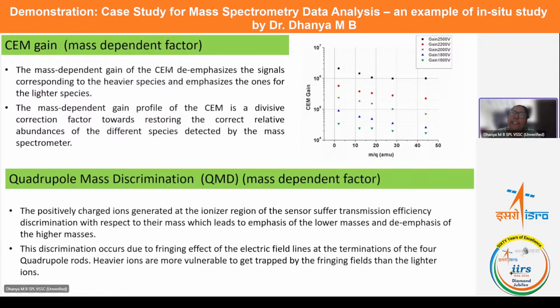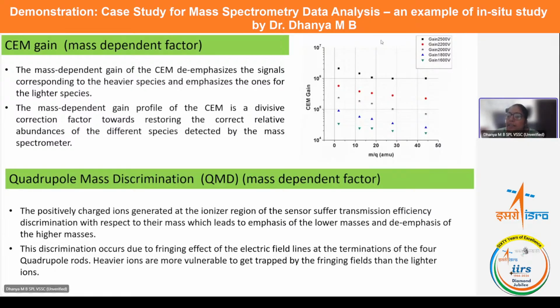Lighter masses are more amplified compared to heavier species. This shows the laboratory calibration of mass per charge versus detector gain. You can see that each color indicates a given bias voltage of the detector.